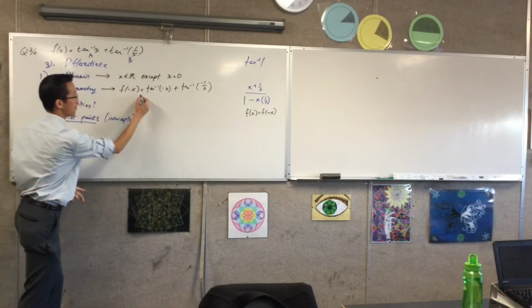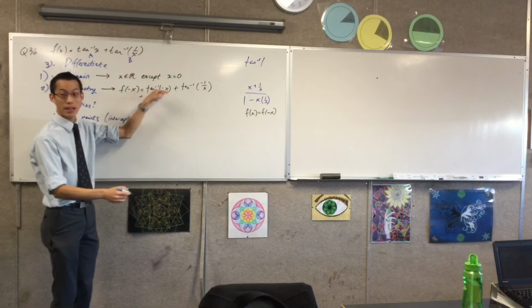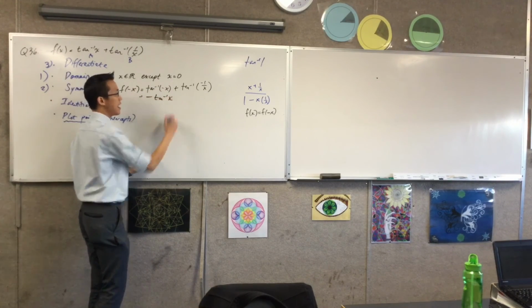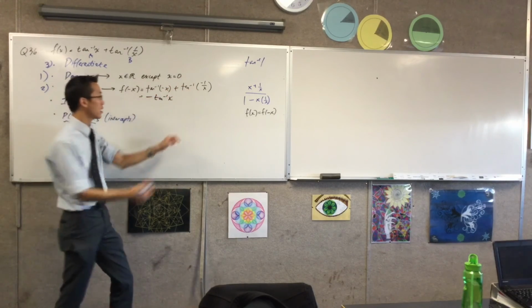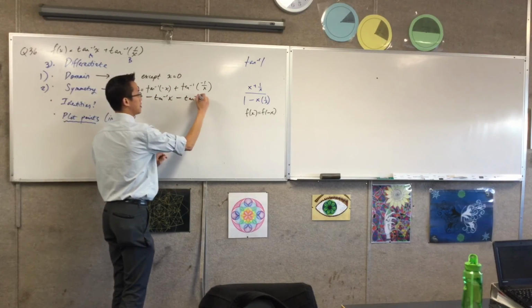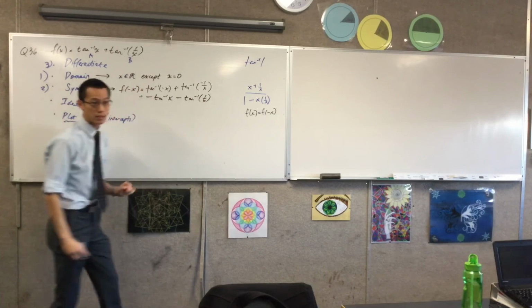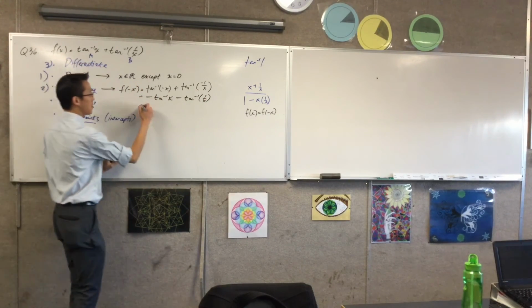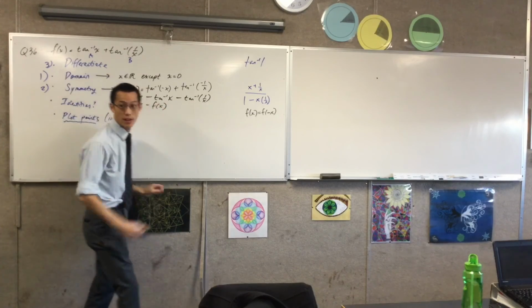They're odd functions. So therefore, tan inverse of negative x is negative tan inverse of x. And the same thing happens here. Do you notice that? Minus tan inverse of 1 on x. So I've got a double negative, which corresponds to my double positive here. So this is negative f of x.